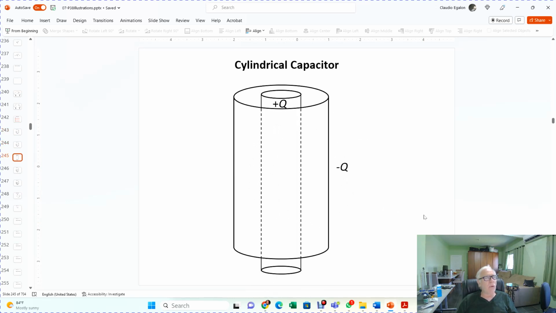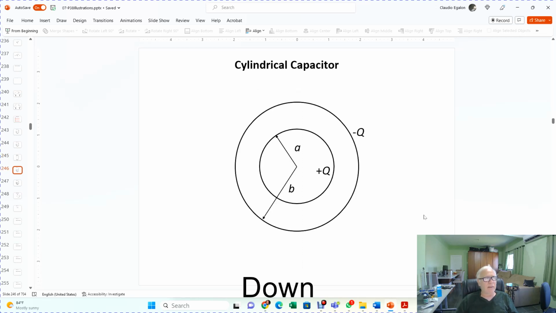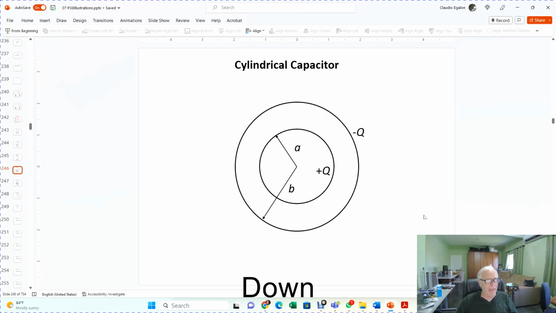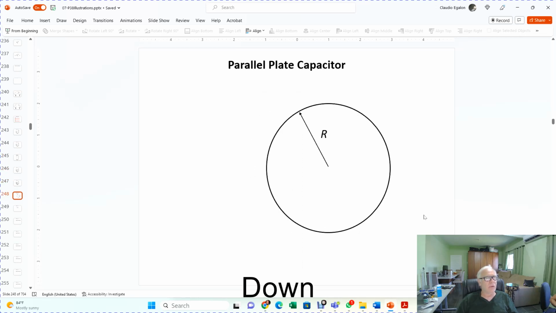We also calculated what's the electric field between those two cylindrical surfaces. So with the electric field, we can calculate the electric potential difference, right? The inner cylinder in this case has a radius a, the outer cylinder has a radius b. You can calculate the electric potential difference, and from the electric potential difference, you can calculate the capacitance as well. And we are going to do that in this course. We are going to do that today.